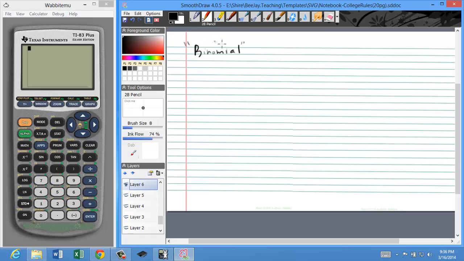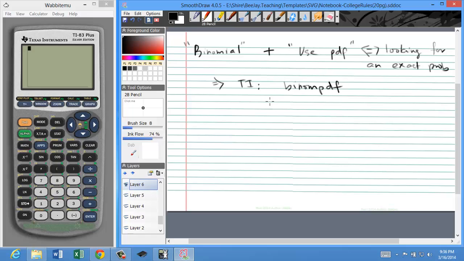You couple that with the fact that I am looking for an exact probability. So binomial plus use PDF, that should give away that the TI function is binom PDF.